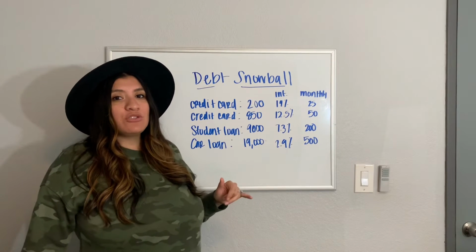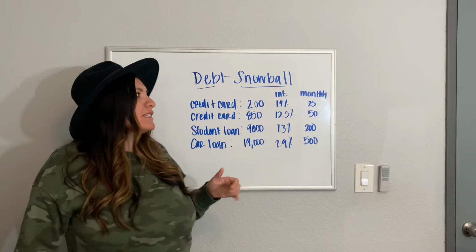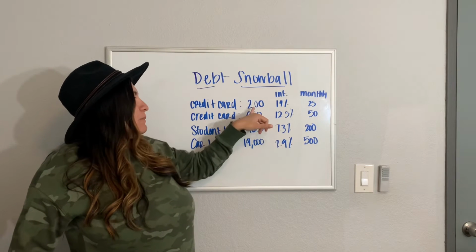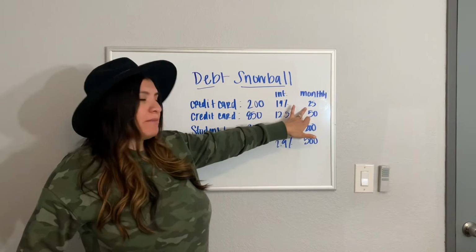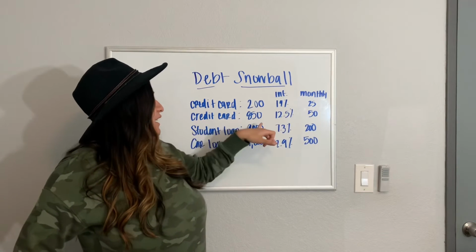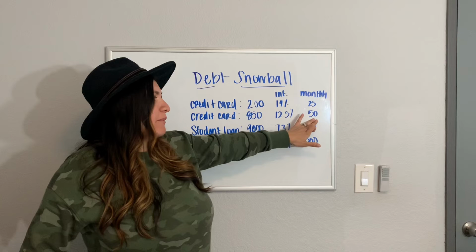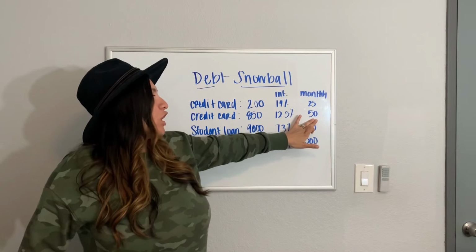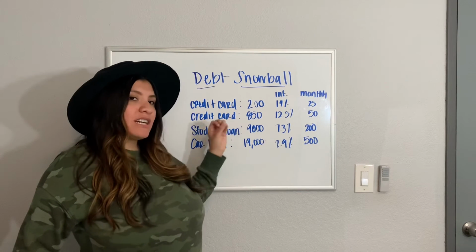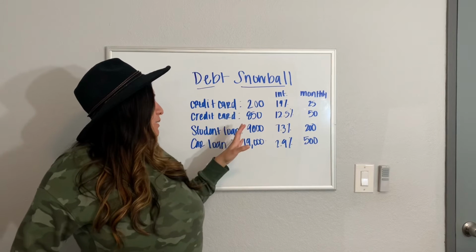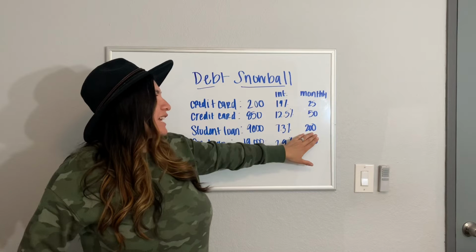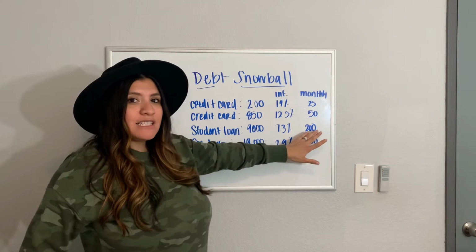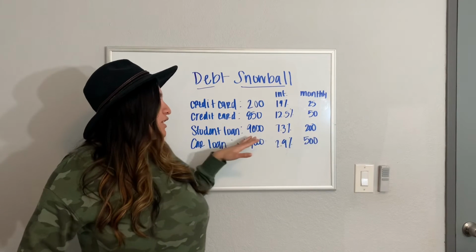Now, my husband and I enjoyed this because of the quick wins. For example, once you pay off this $200, your $25 minimum payment will now go to credit card number 2. So your minimum payment is going to be $75, and then you have a bigger chunk to work with. So once those 2 are paid off, now you're going to go to your student loan and you're going to use $275 to pay this student loan off.